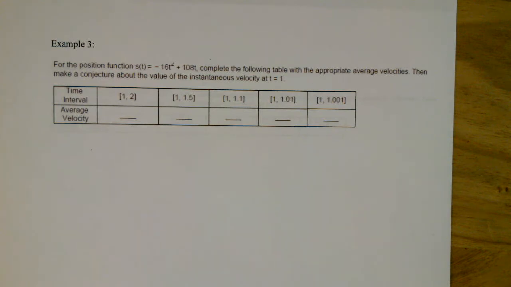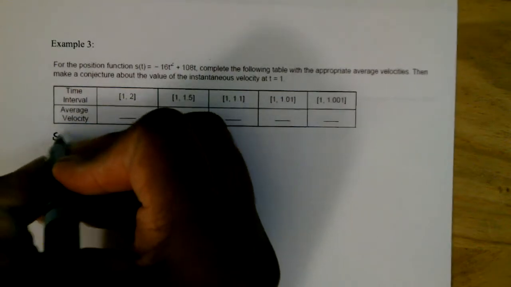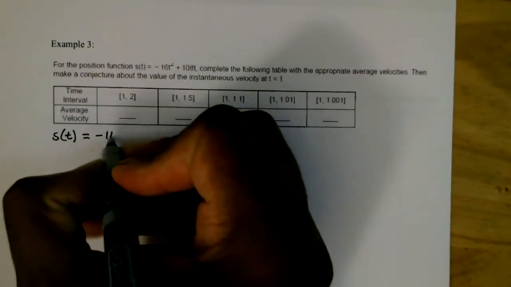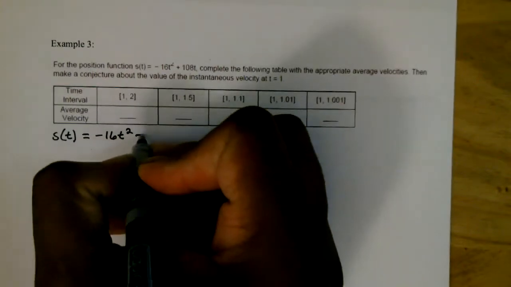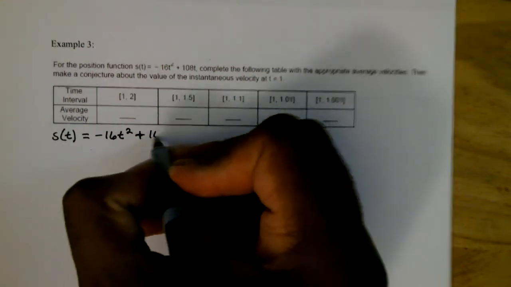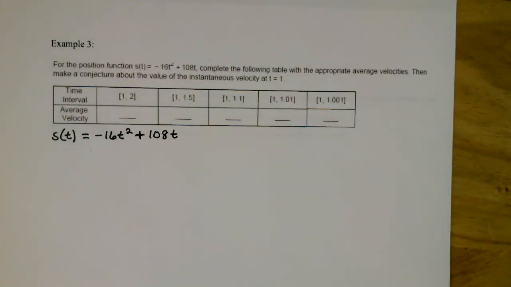All right, so let me go ahead and write the function s of t equaling negative 16t squared plus 108t. Come to think of it, this is almost the same function as example 2, but it's not.